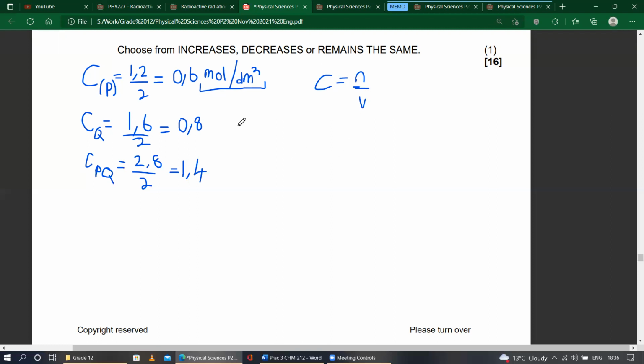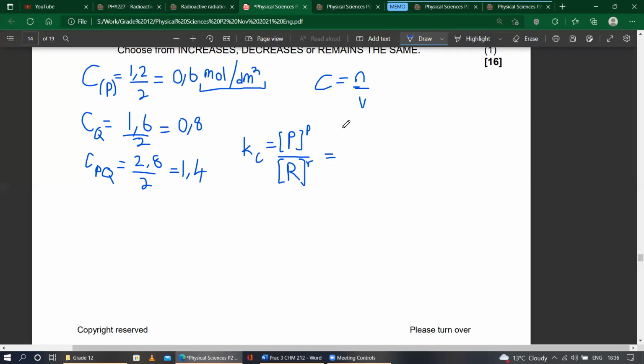So now we're going to go into the Kc, the equilibrium constant. So Kc is going to be the concentration of products to the exponent of the coefficient of the product, divided by the concentration of the reactants to the exponent of the coefficient of the reactants. So for the product, that's going to be 1.4.